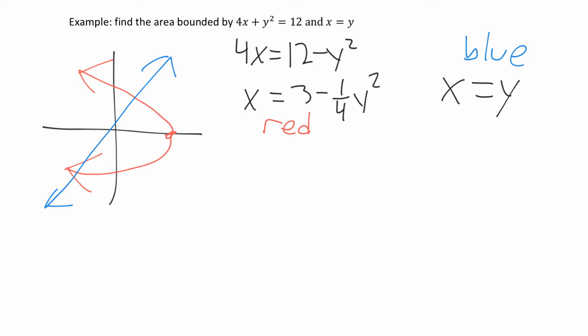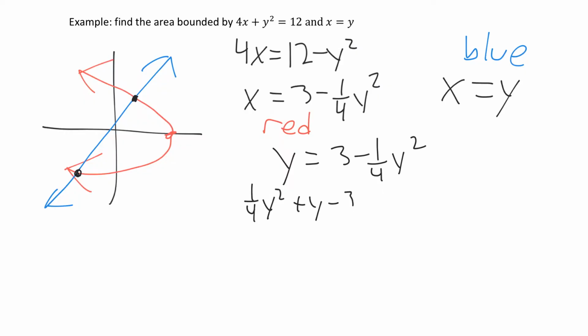So wanting to find the area, we're going to need to find these 2 points of intersection. To do that algebraically, we simply set the two equations equal to each other. So we have y equals 3 minus 1/4 y squared. If we move everything to the left-hand side, we'll have 1/4 y squared plus y minus 3 equals 0.